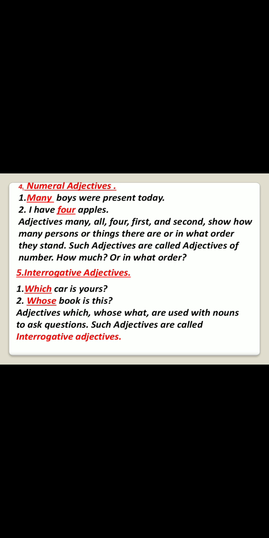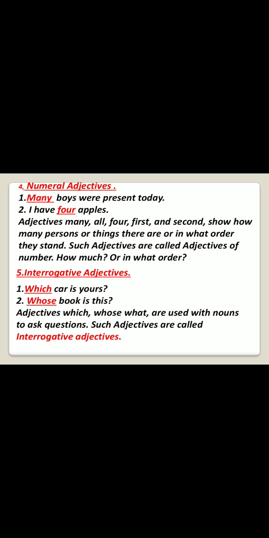Adjectives many, all, 4, 5, first and second show how many persons or things there are or in what order they stand. Such adjectives are called adjectives of number. How many or in what order? So we will ask such questions. It is called numeral adjectives.